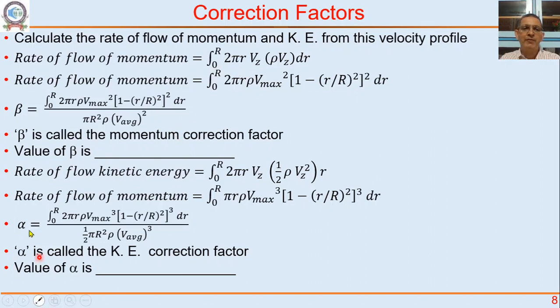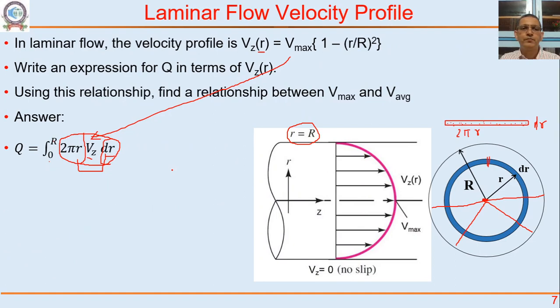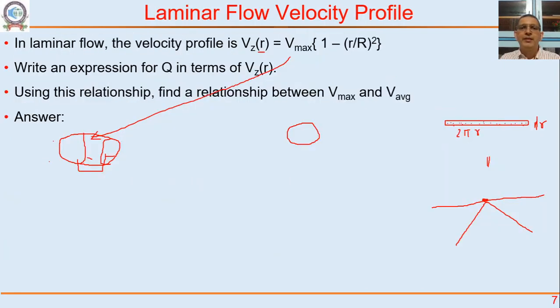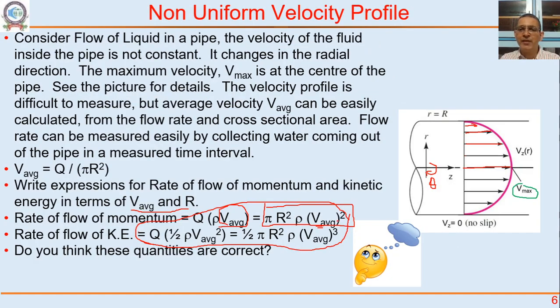This integral can be evaluated very easily, and you will find that this integral is not equal to what we had written here, pi R square rho V average square. It is not equal to. That means by taking average velocity, we have made an error.